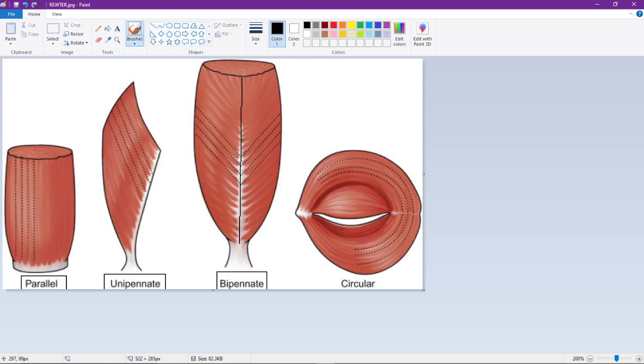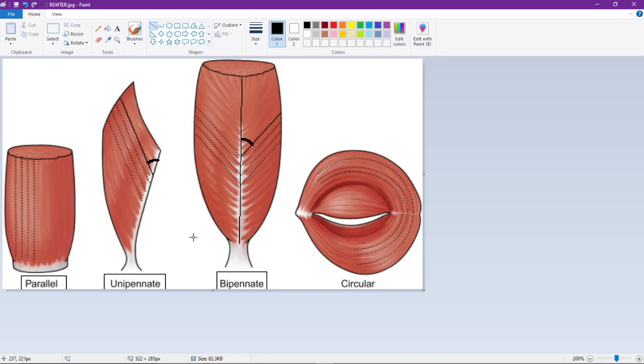This is the actual angle of pinnation, and it is represented as theta. This is the angle of pinnation in a bipinnate muscle, and this is the angle of pinnation for a unipinnate muscle.